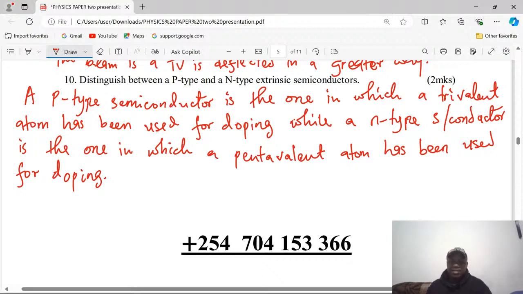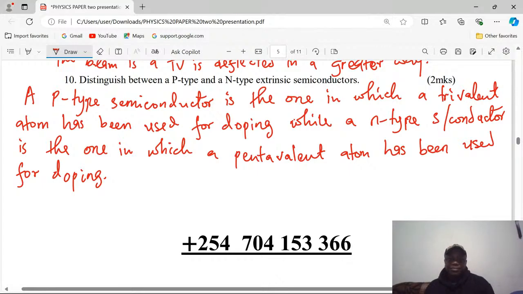That lack of a negative electron becomes a positive hole, which enhances conductivity in the p-type, making holes the majority charge carriers. Hence the name p-type, because the majority charge carriers are positive holes.